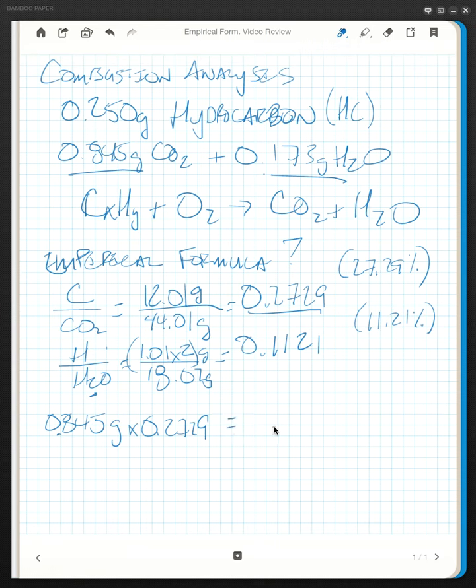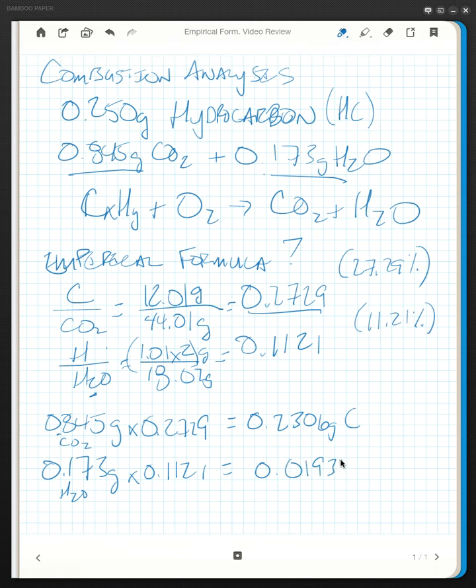So if we multiply those two together, we end up determining that there is 0.2306 grams of carbon. And for the hydrogen, it was 0.173 grams, and remember, this is the CO2 and this is the H2O, times 0.1121. And that's going to give you 0.01935 grams. So you now know how much hydrogen and carbon there is in your original sample.